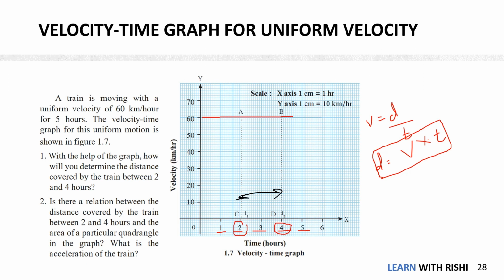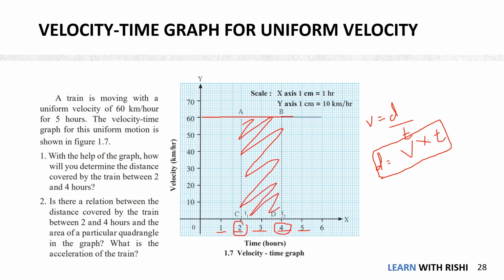Now if you observe this graph carefully, distance is nothing but velocity into time. This is our time on the x-axis, velocity on the y-axis. We just need to take the area of this rectangle ABCD, which I am shading here.